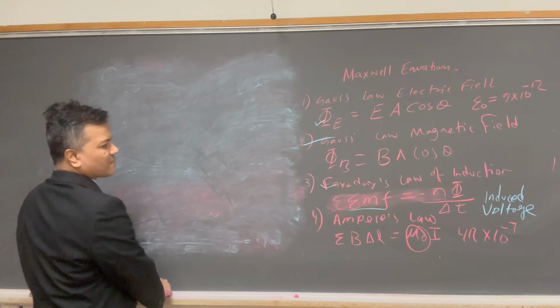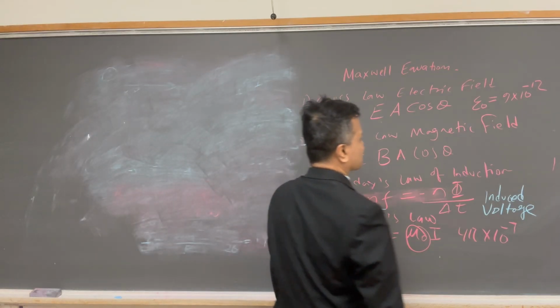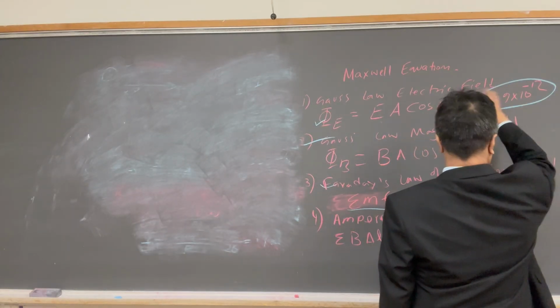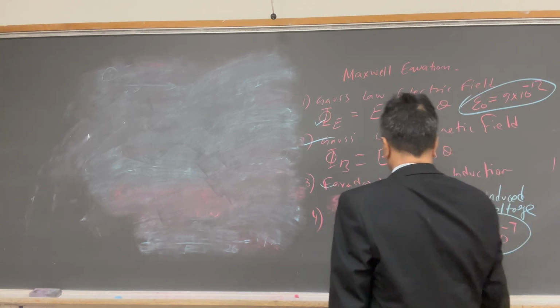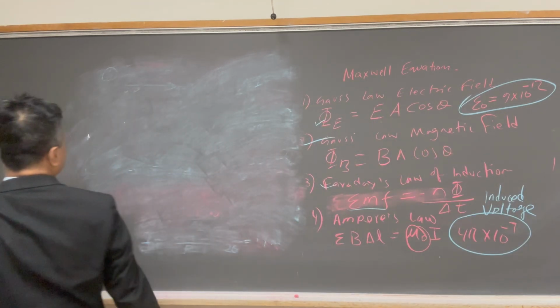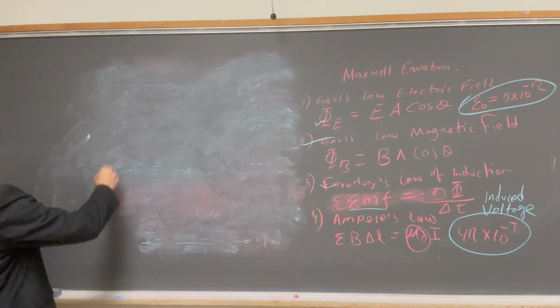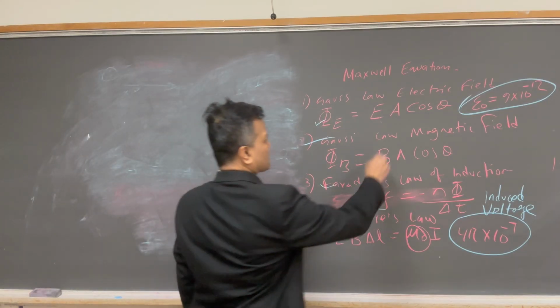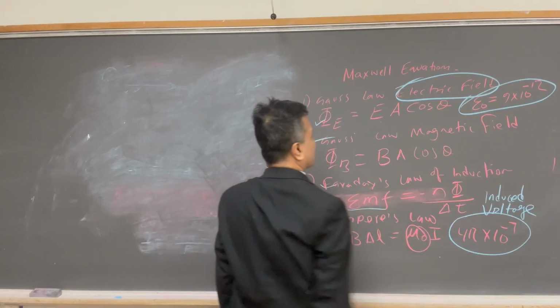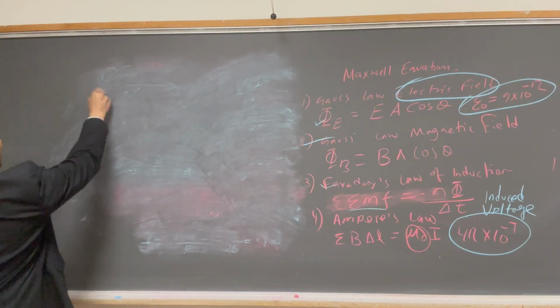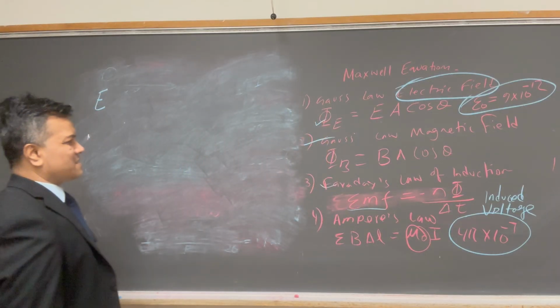Okay. All right. This one and this one. So this is electric, so you're going to say E. This is magnetic.